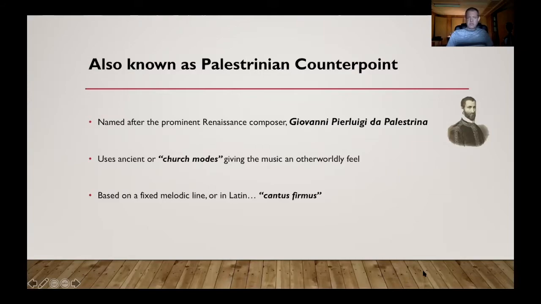The church modes, I say they used ancient or church modes, giving the music an otherworldly feel, right? Now, the church modes are the white notes on the piano. So, for example, if we start on D, that's Dorian, then E Phrygian, Lydian, Mixolydian, Aeolian on A, which is actually synonymous with the natural minor scale, Locrian, and then finally Ionian on C, and Ionian is synonymous with the major scale.